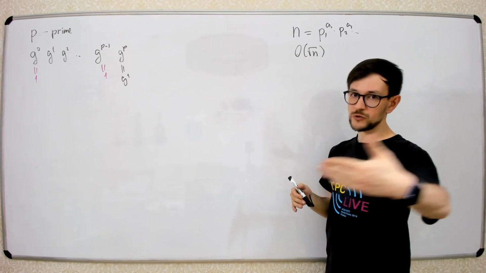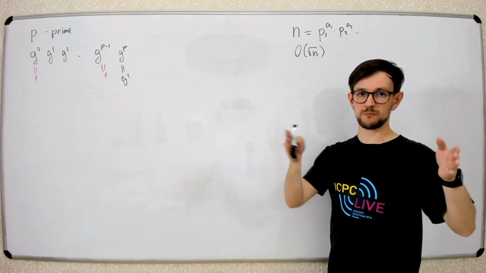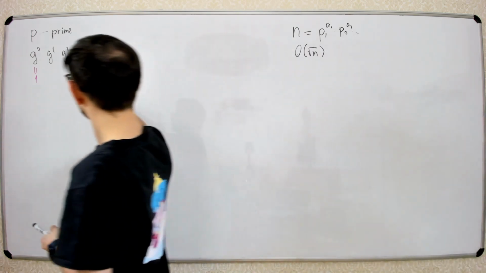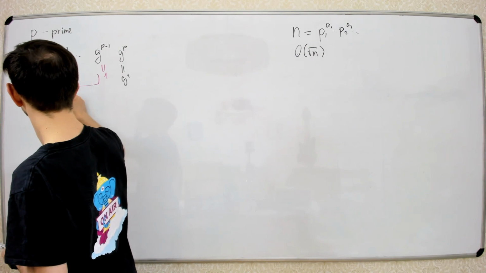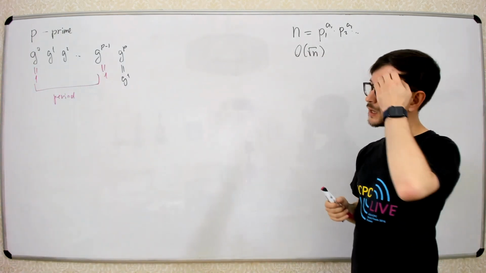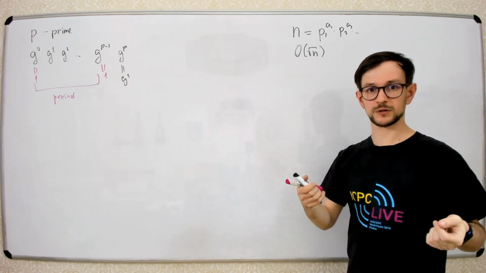So if you look at the infinite sequence of these powers of g, you will have a periodic sequence with period equal to p minus 1. What is a generator? A generator is a number such that in this period all numbers are different.